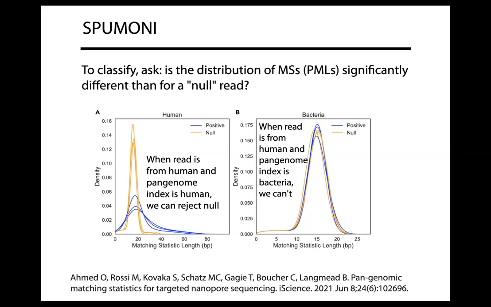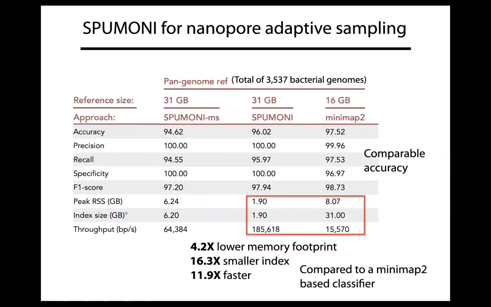It's compiling both positive matching statistics, which are with respect to the database, and null matching statistics, which are as though the database was random or as though the read was random. So when we applied this to a real scenario of trying to distinguish reads that were from the bacterial members of a mock community, we compared it to a Minimap-based approach, which is a pretty standard approach.